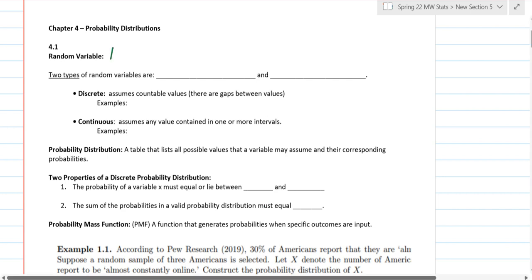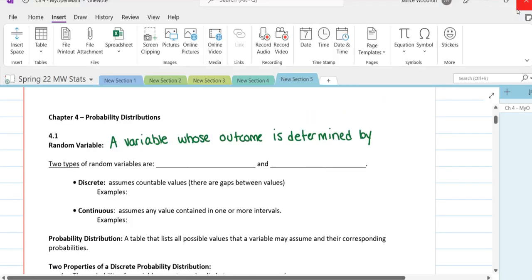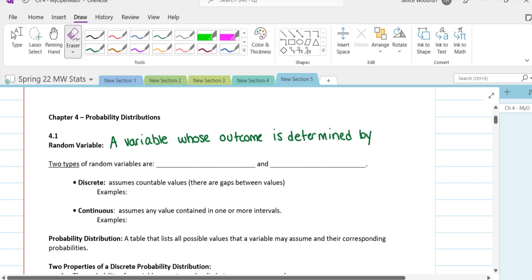So a variable whose value is determined by the outcome.